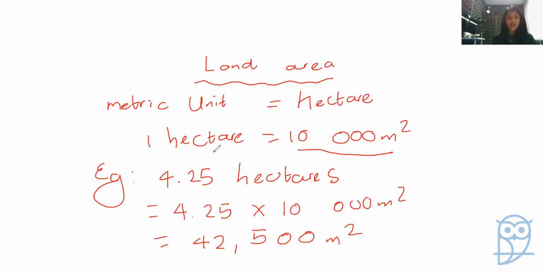Understand? So I've converted from hectares to meters square, and I had to multiply.